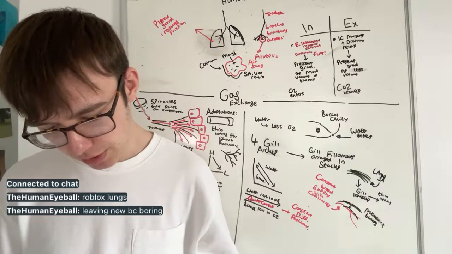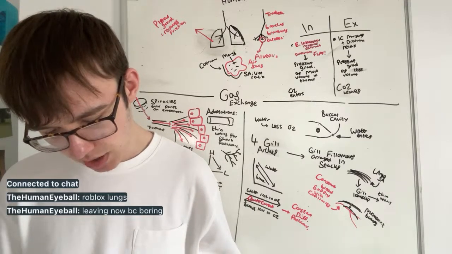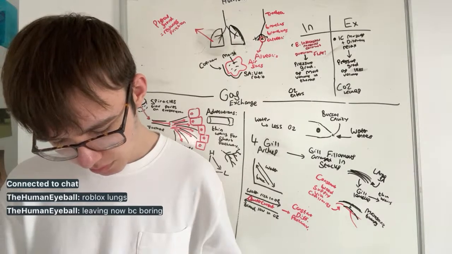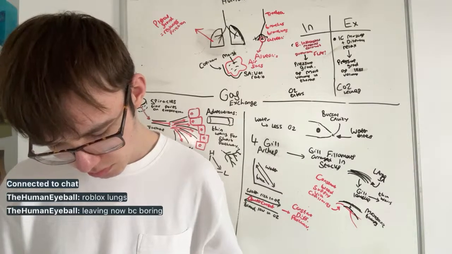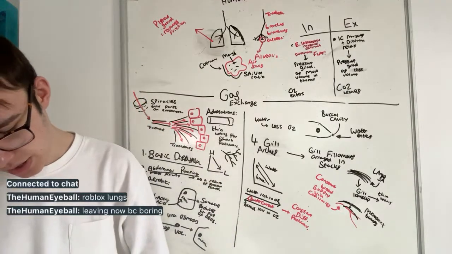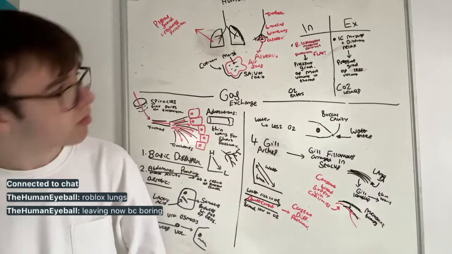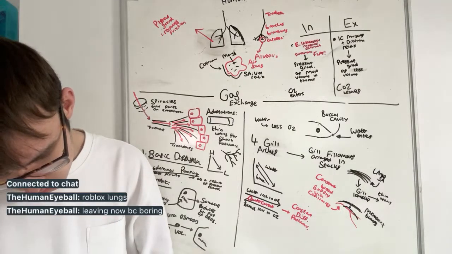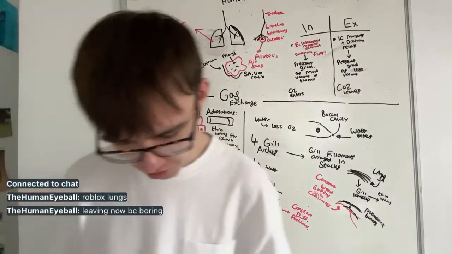Expiration occurs when the rib cage lowers and the intercostal muscles contract. But she said diaphragm and external muscles. I'm confused.